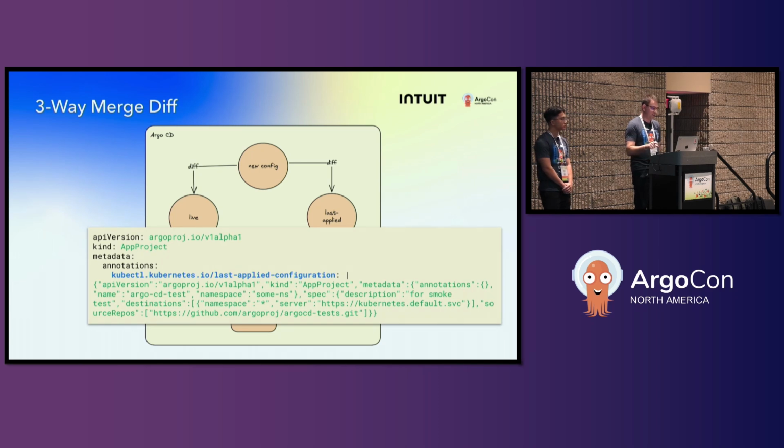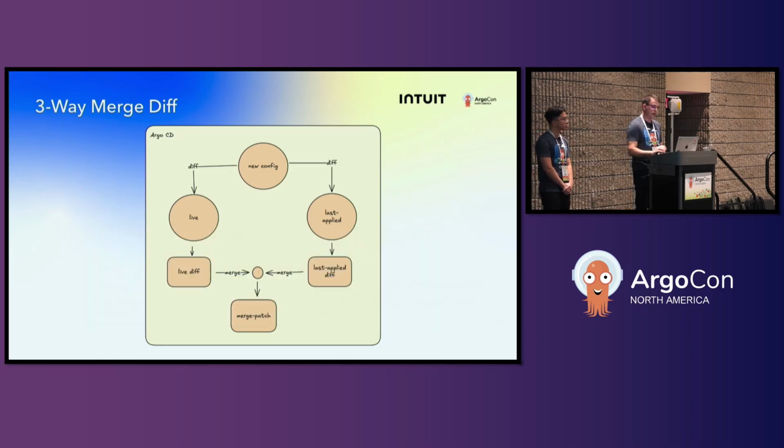And if you notice that in blue, the annotation is actually managed by kubectl. It's a kubectl annotation, right? So kubectl is a tool that will grab the last applied configuration. It will persist that entire resource state inside this annotation. So then we extract the diff based on that, comparing the new config and the last applied configuration. That generates the last applied diff.